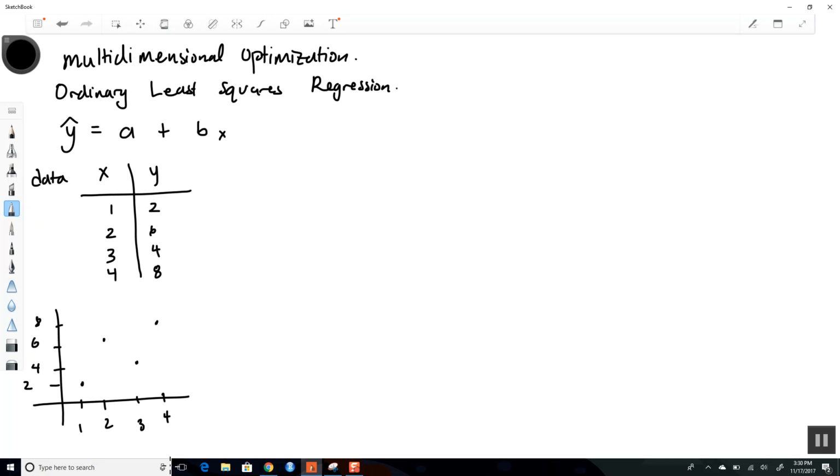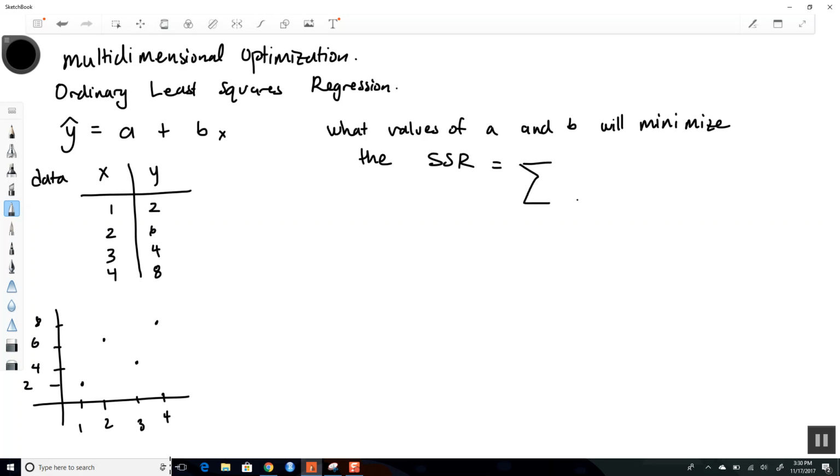Okay, and then we want to find what values of a and b will minimize the sum of squares residuals, which we will say is the sum of y minus y hat squared.